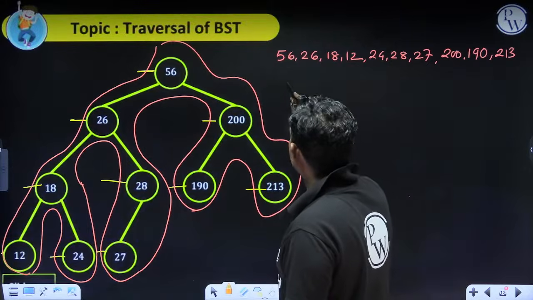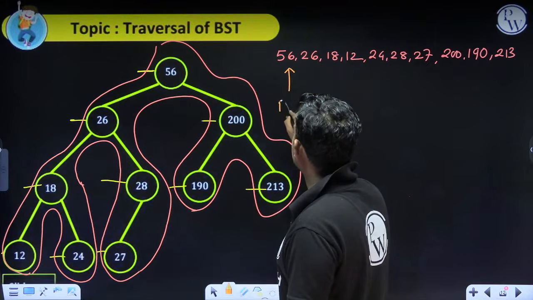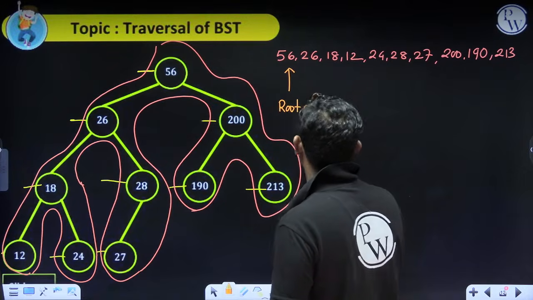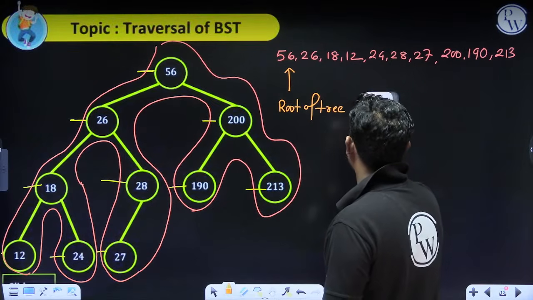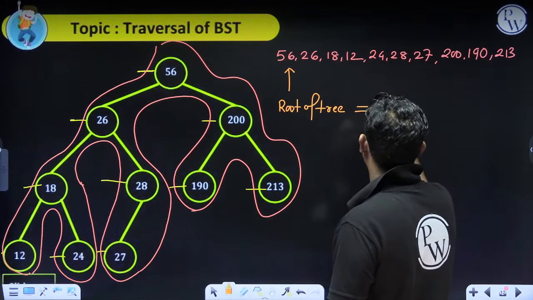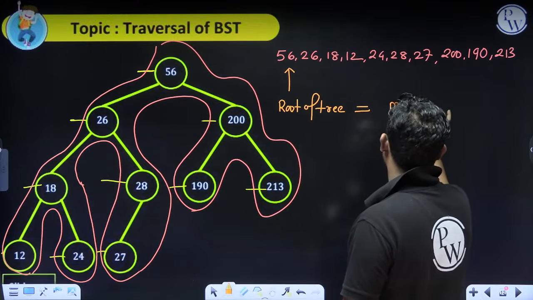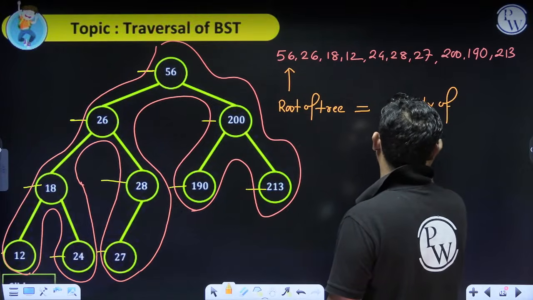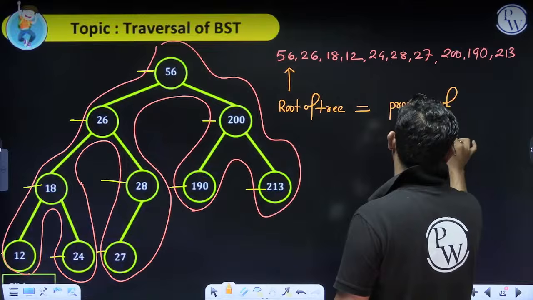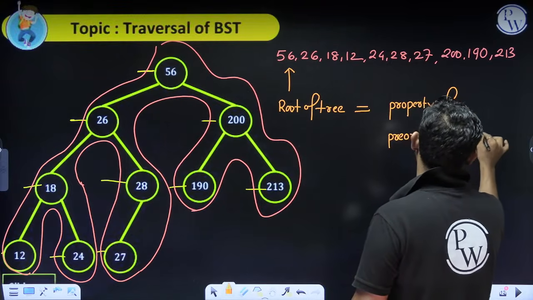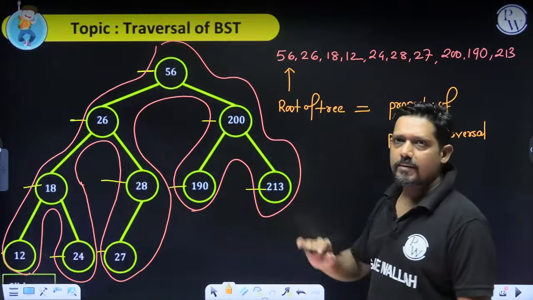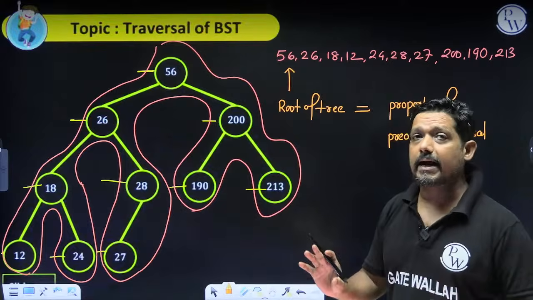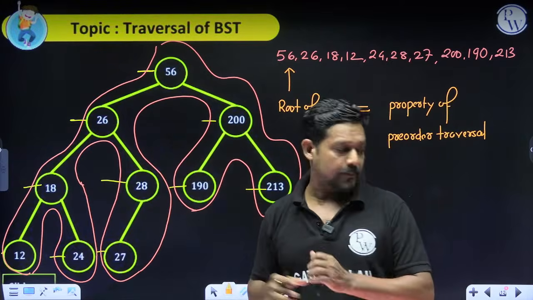Observe that the first element is the root of the tree. This is a property of preorder traversal. First element is the root, and most importantly, when you have a preorder traversal, I can identify the left subtree and right subtree also.